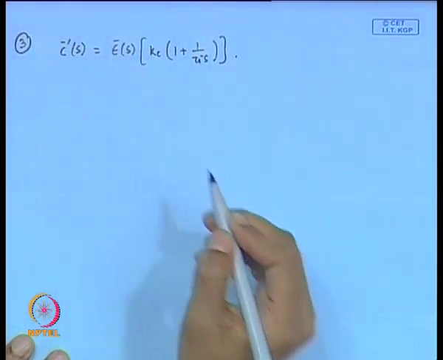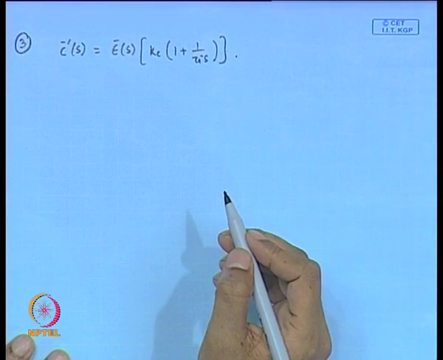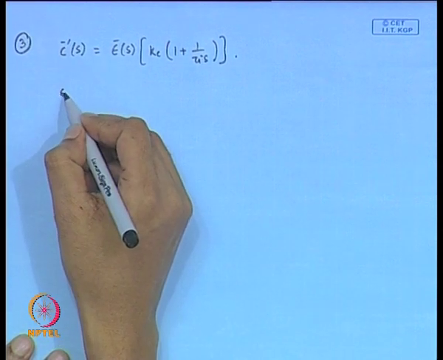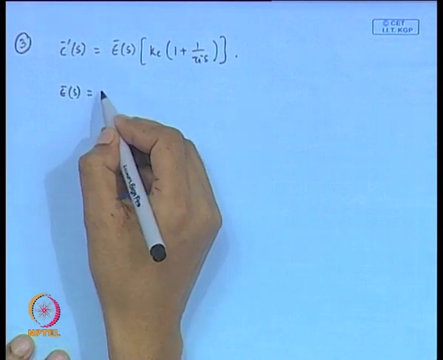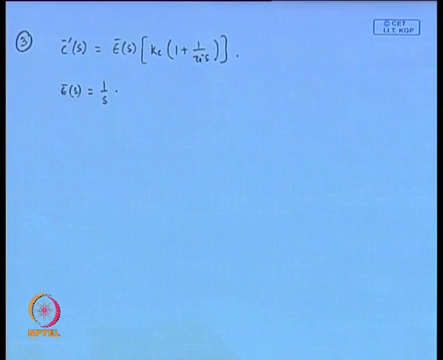Now, we consider a unit step change in error signal. That means epsilon bar S equals 1 by S.